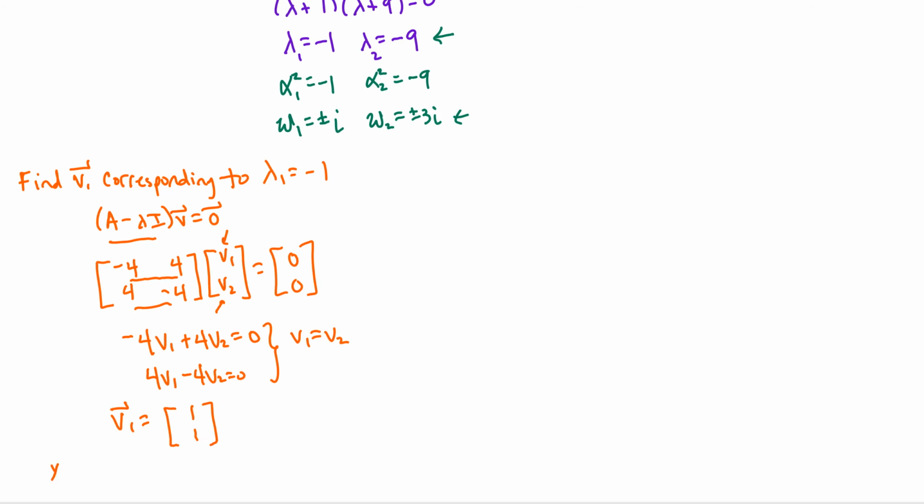So our first solution, x sub 1 of t, is going to be equal to e to the 0t times, let's call it a sub 1 cosine of t plus b sub 1 sine of t, times eigenvector v sub 1, which is 1, 1.